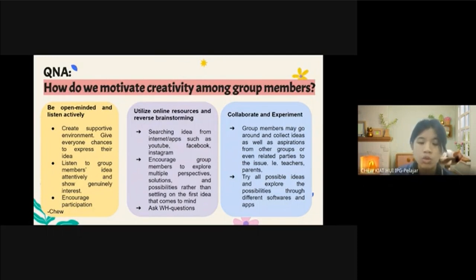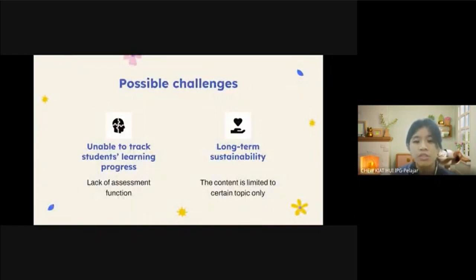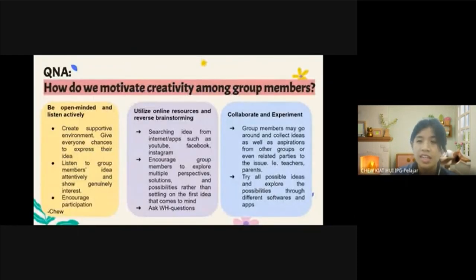For example, in our group, we do our discussion and everyone gives their opinions on a certain topic. For example, for the name of our project, before we came up with the name Smart Food, we had some discussion. We asked everyone's opinions. I think this gives a positive impact in our group, as we motivate the creativity among our group members.